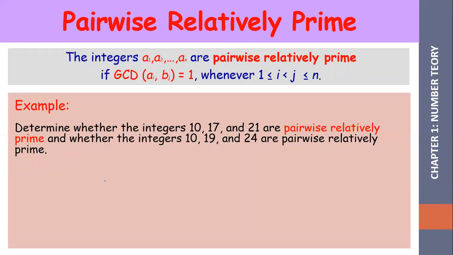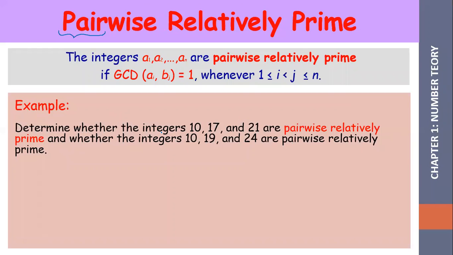Now we move to pairwise relatively prime. The keyword is pair. Pair means two by two, in pairs. So the integers A1, A2, ..., AN are pairwise relatively prime if GCD(Ai, Aj) is equal to 1, whenever 1 is less than or equal to i, less than j, less than or equal to N. Okay, so let's see the example.